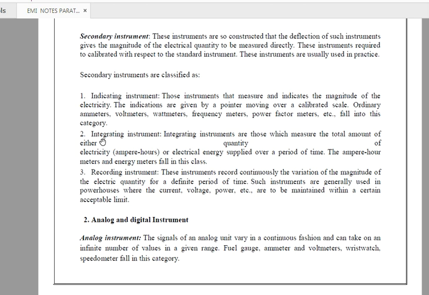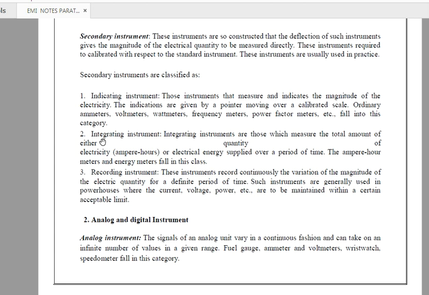Such instruments are generally used in powerhouses where the current, voltage, power, etc. are to be maintained within a certain acceptable limit. The instruments which record continuously the variation of the magnitude of the electrical quantity are known as recording instruments. Then the second one is analog and digital instruments.